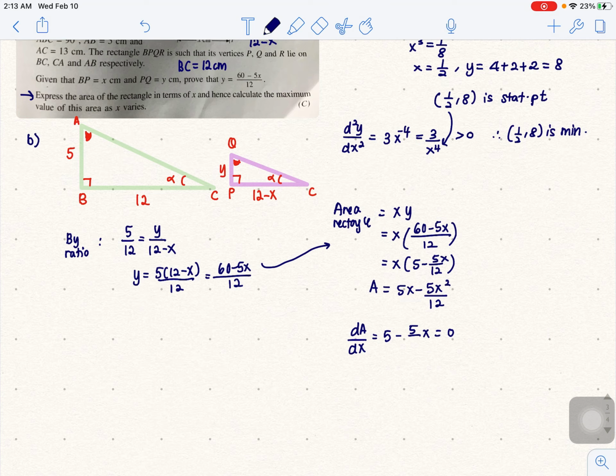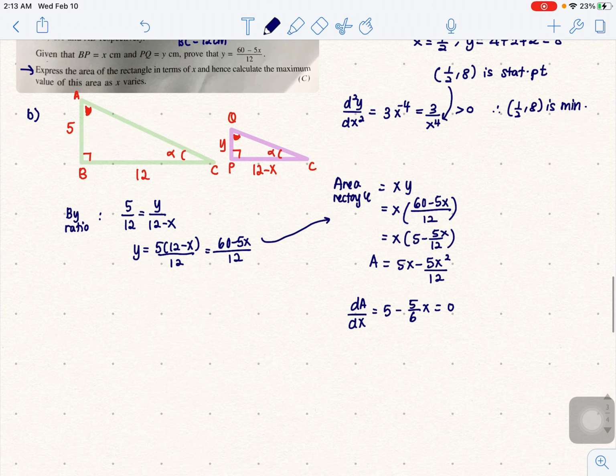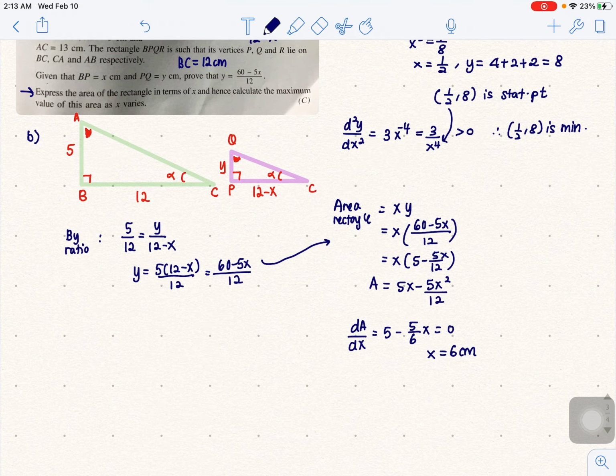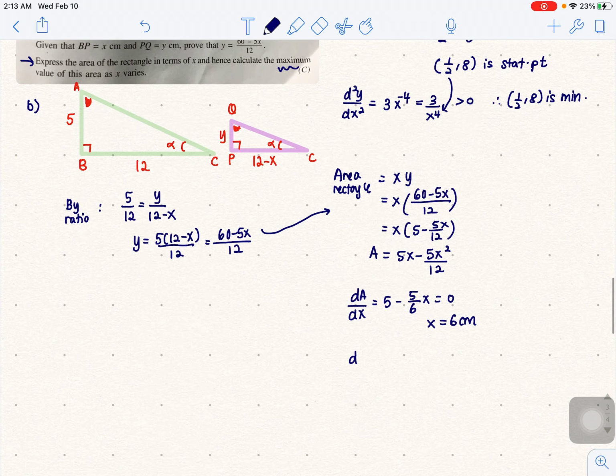I think it's 5/6 here. 10/12, right? Yeah. Therefore, your x is going to be 6 centimeters. And how certain am I that it is going to be a maximum? If you're really curious, you can do the second derivative to check, where I know it's just negative 5/6, less than 0, and I'm very sure A is a maximum.